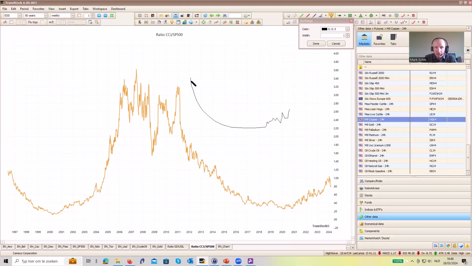Because in the downtrend, we always have a lot of lower lows and lower highs, so there's a lot of resistance. For a company, a ratio, an ETF or funds, it always takes time to start a high-volatility uptrend.